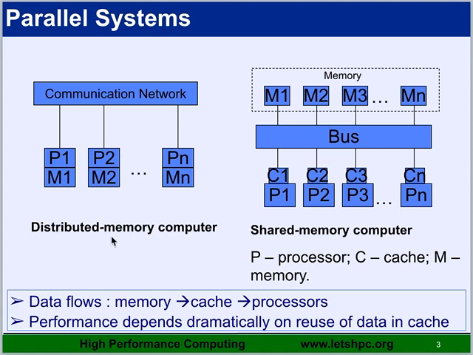But if you look into a distributed memory computer, then the time which will be required by P1 to access M1, that is its own local memory, will be much less compared to accessing the memory of the other processors in that particular system, and therefore we refer to it as non-uniform memory access.